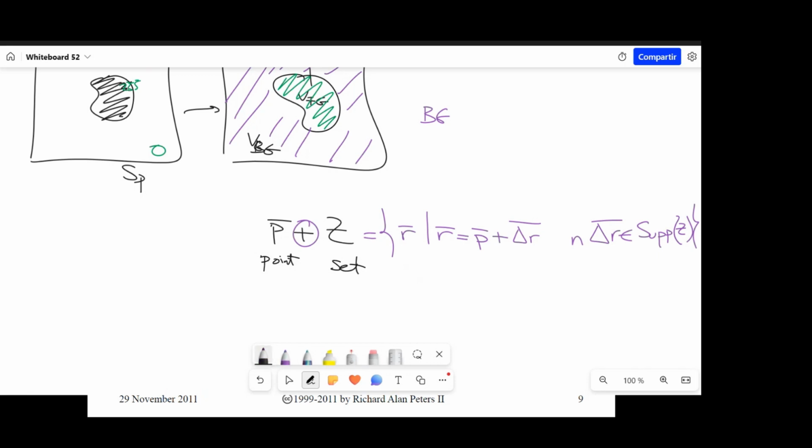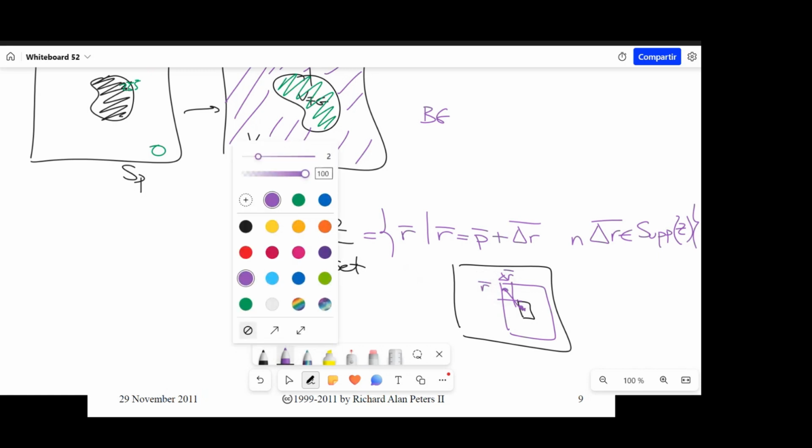It is simply saying, I have this point here, and I have moved my kernel here. This is the delta R. The delta R is the difference between this point and the origin of the curve. So delta R is in the support of the set, where the kernel is different from 0.